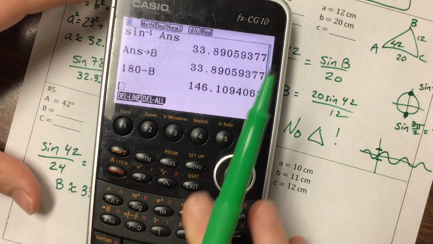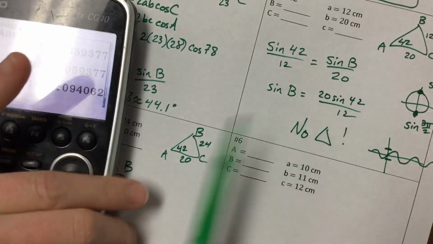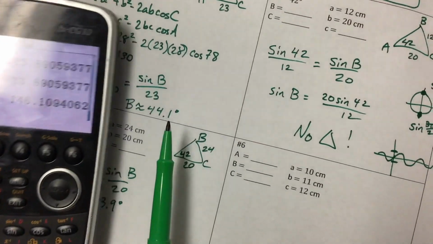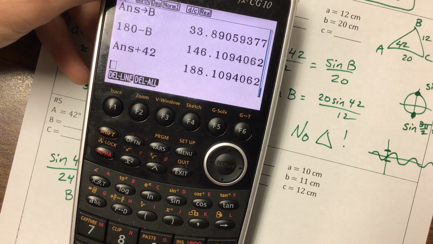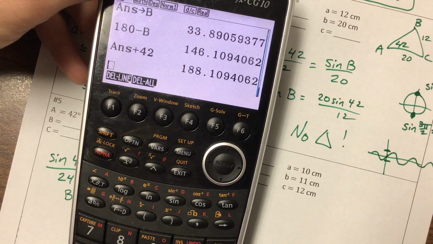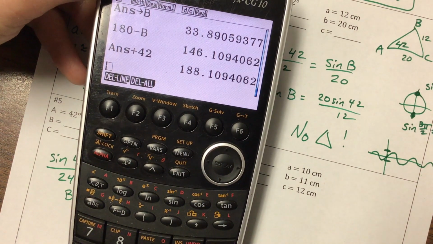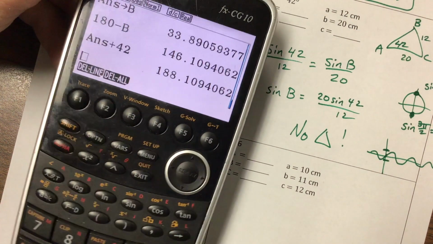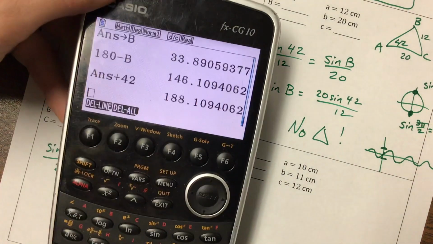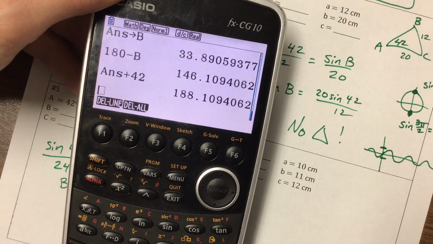That's the supplement. But I already have an angle that's 42 degrees. So if I add 42 to that, we're too big. We don't have room. That's how we know for sure we can't make a second triangle in this scenario. So go back and watch videos 2 and 4 in particular to help you understand what I'm talking about.